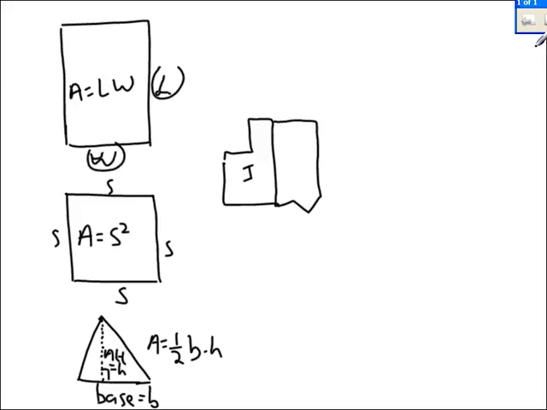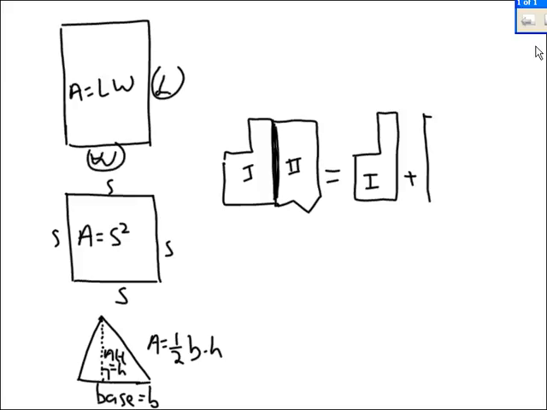Area 1 and area 2 are separated by one line. They have a common side. That area is equal to the area of region 1 plus the area of region number 2.